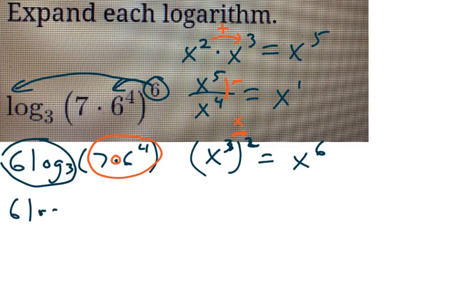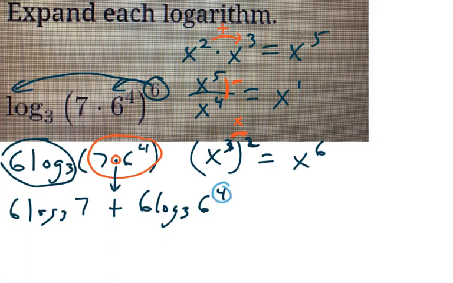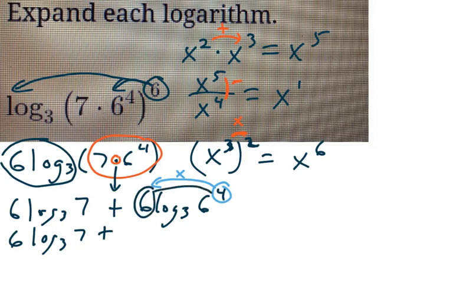So I have 6 log base 3 of 7 plus, see the times became the plus, 6 log base 3 of 6 to the 4. And we're done, except there is another power here, which I can bring in front and make into a multiply. So my final answer is 6 log base 3 of 7 plus this 6 times that 4 power, which I bring down, is 24 log base 3 of 6.